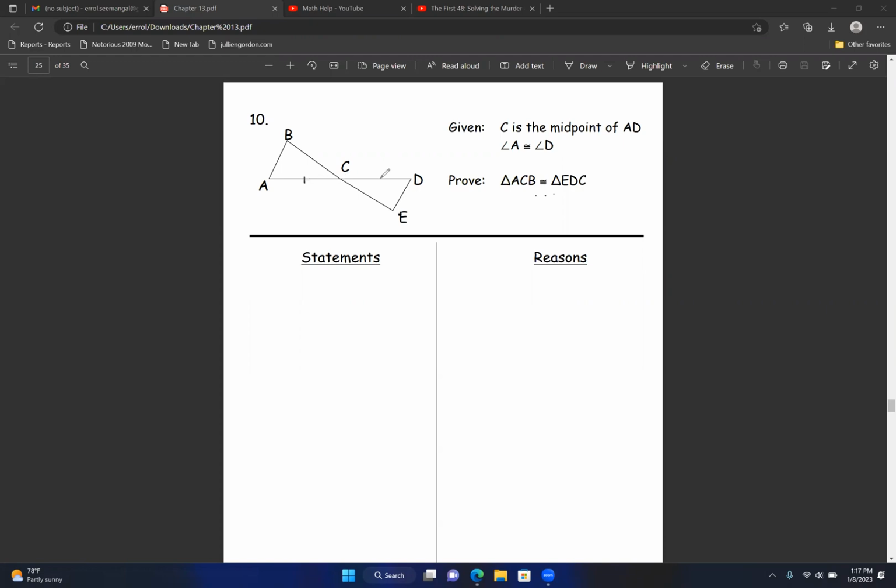This and this are the same, by definition of midpoint. We know that this is the same as this because of vertical angles, opposite angles. What else do we know? Angle A equals angle D. Angle A, which is this, is angle D, which is this. So which one of the four is this one going to be?